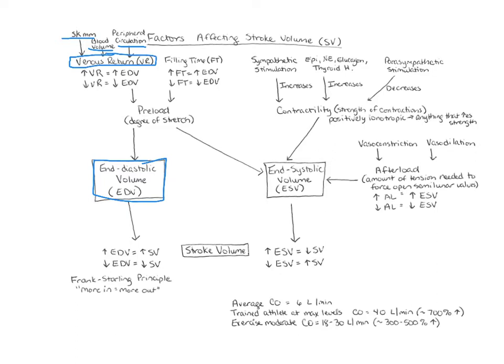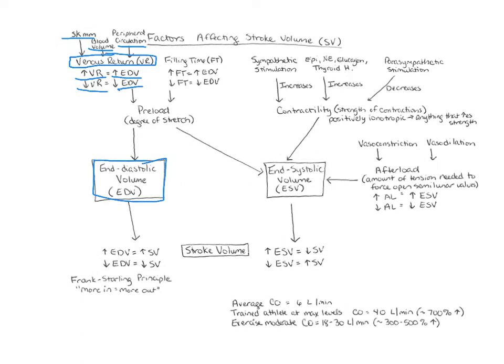Anything that increases the venous return is going to increase the end diastolic volume. And anything that decreases the venous return is going to decrease the end diastolic volume. That just makes sense. If you're not bringing it, it's not going to fill, right?